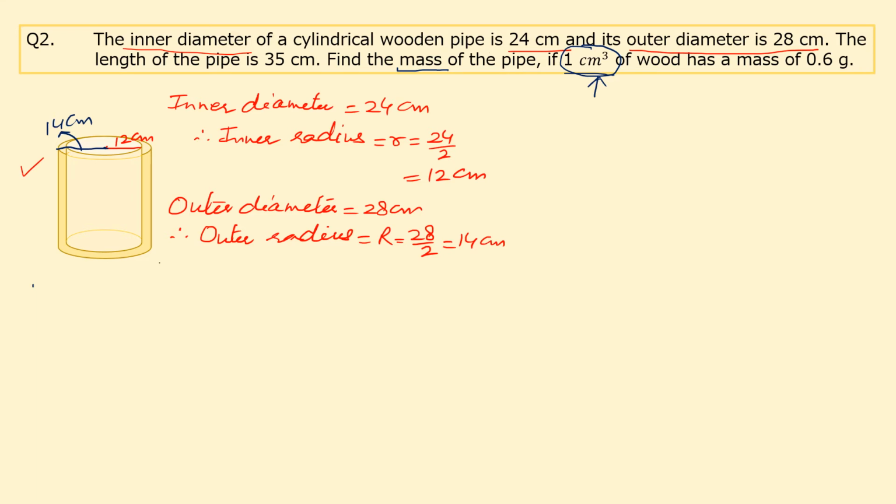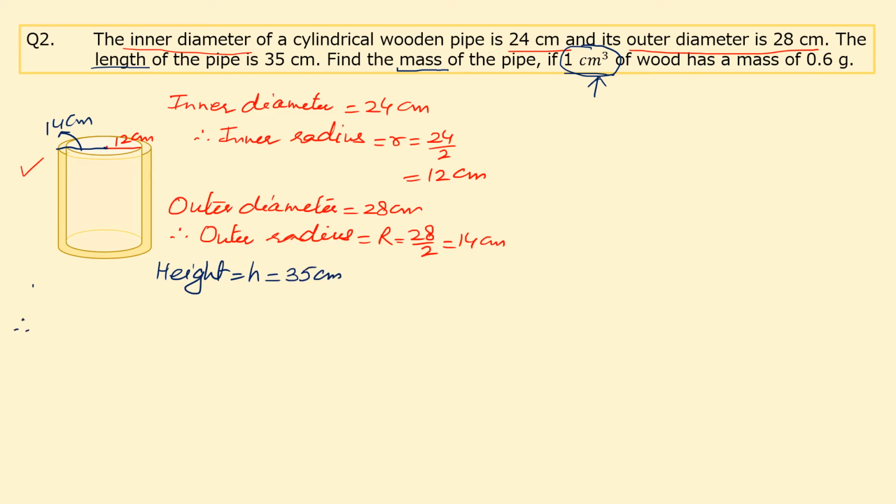Let's write its height also. Length of the pipe, if you keep it horizontal that is length, if you keep the pipe vertical it's the height. So height h is equal to 35 centimeter.